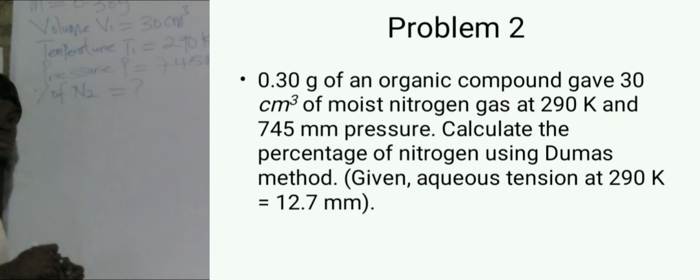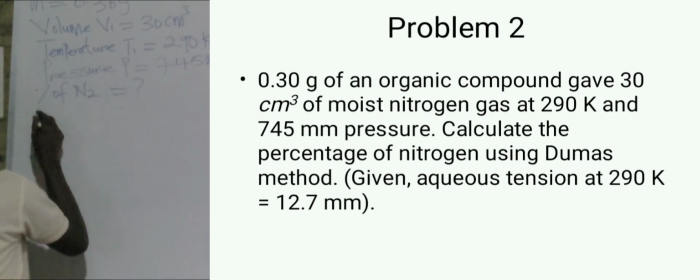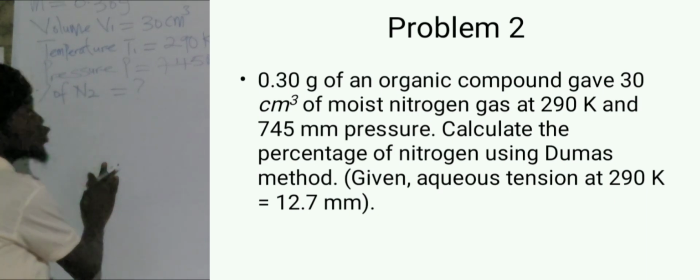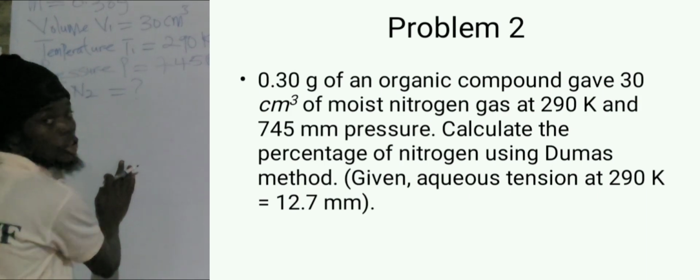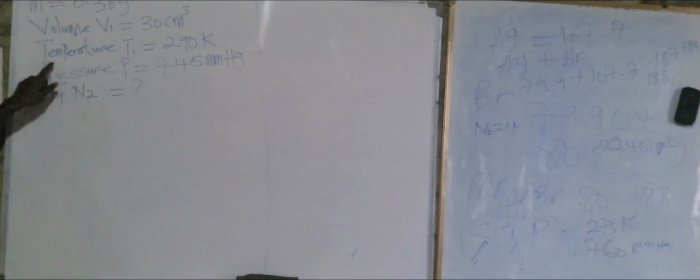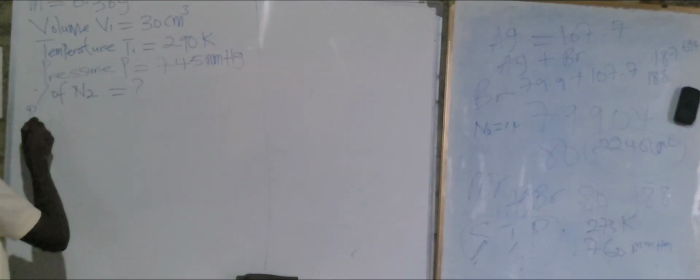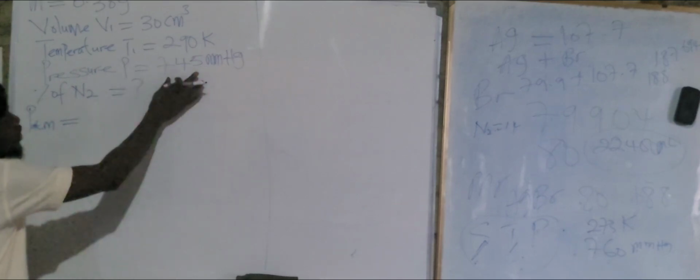Given the aqueous tension at 290 Kelvin is 12.7 millimeter. You always have a pressure here, so look for the atmospheric pressure. What is the pressure given to us?